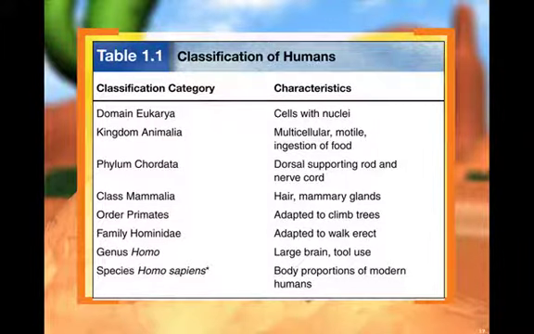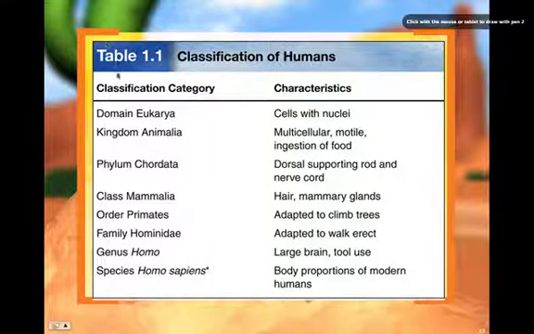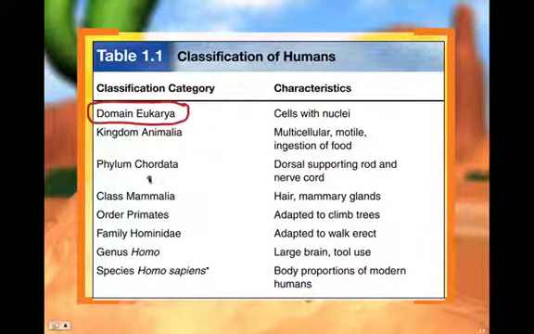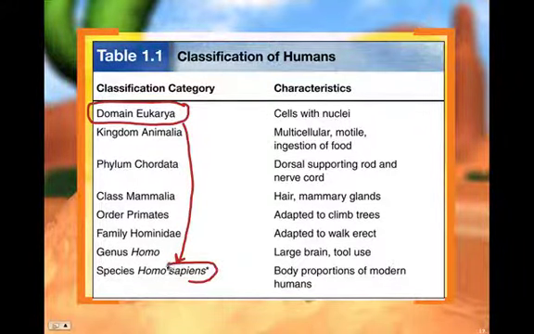If you look at this table, you will see that this is how humans are classified. The broadest category that humans go in is the domain Eukarya, and then we get smaller down to where the species is then sapien.